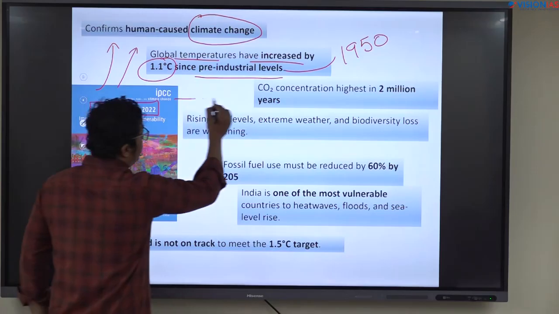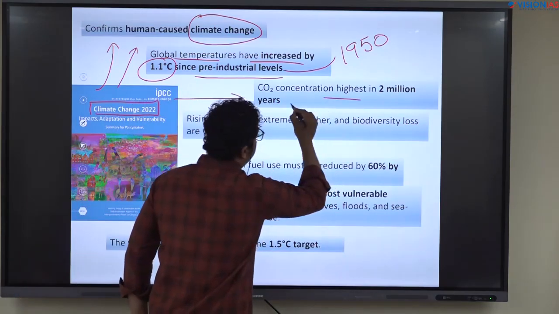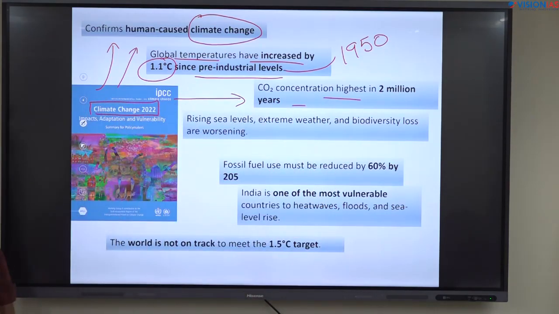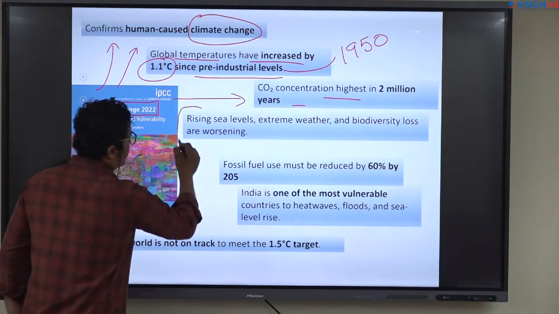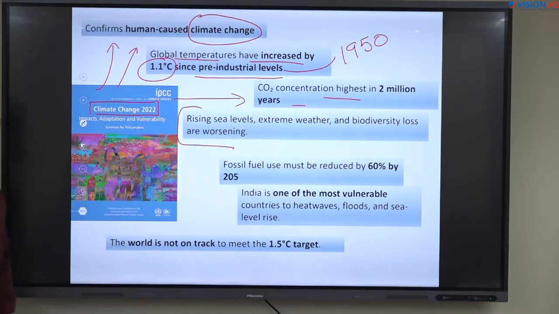CO2 concentration is the highest in the last 2 million years. If we look at the history of Earth's atmosphere, right now this is the highest concentration of CO2 we are looking at. These are the problems happening all over the world: rising sea levels, extreme weather conditions, heat waves, and the loss of biodiversity.